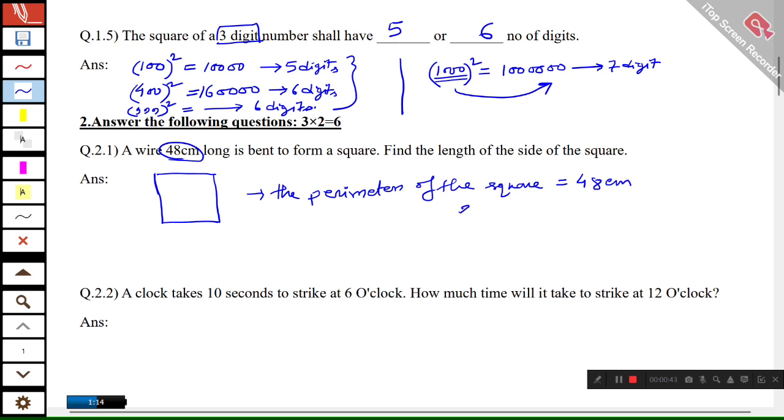So that means 4 into side is equal to 48 centimeter. So side is equal to 48 by 4 centimeter, which is equal to 12 centimeter. So we find the length of the side of the square. So this is a very easy question. So this is the answer.